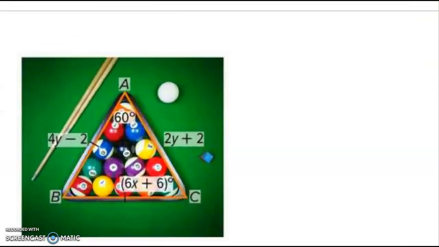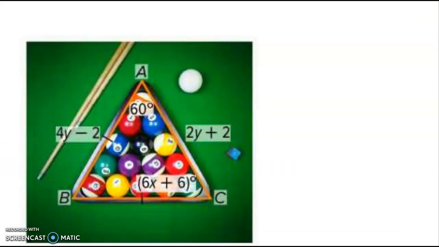In this example, when you're asked to find x and y, so with the algebra piece involved here, this is kind of hard to see, but I am going to try to pick a bright enough color for us to pick out here. They're telling us right now that these two sides are congruent. So again, if I know two sides are congruent, then their two base angles must be congruent. So that's these two.